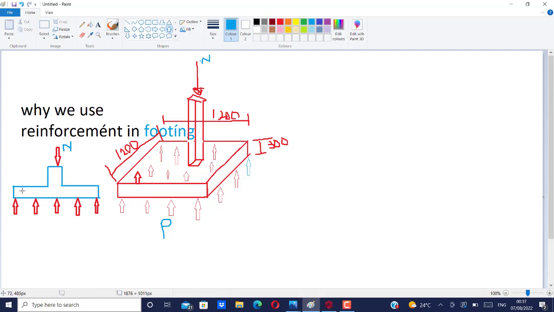So let me try to draw it here. There is tendency that this footing can bend in this manner.